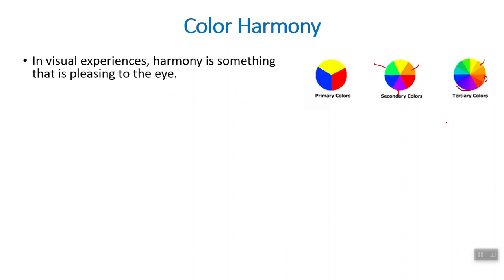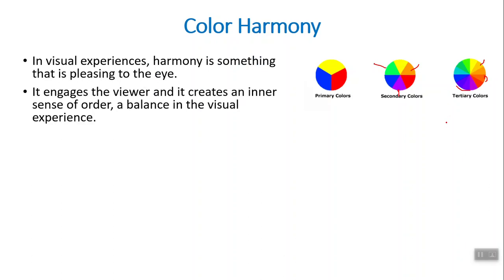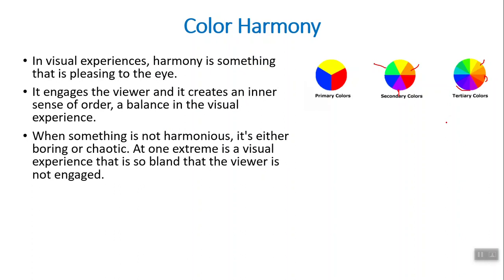So in visual experience, harmony is something that is pleasing to the eye. It engages the viewer and it creates a sense of order or balance in your visual experience. If something is not harmonious, usually it's either boring or it's chaotic, and I'm going to show you examples of both coming up in a minute. So one extreme is a visual experience that's so bland that the viewer's not engaged.